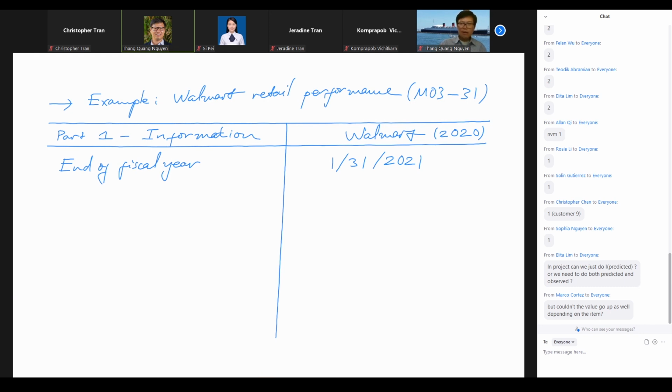And then they give us the revenue. The revenue, or we call that the net sale. Why net sale? Because sometimes you have to subtract the returns, the discounts and something like that, right?